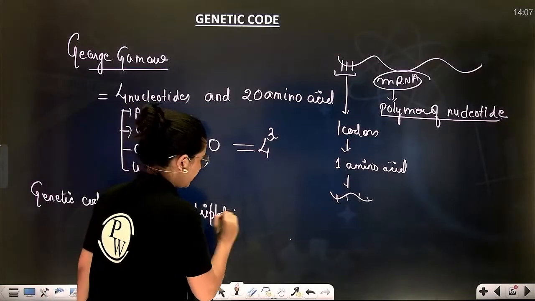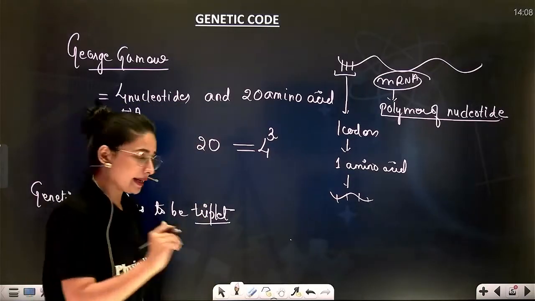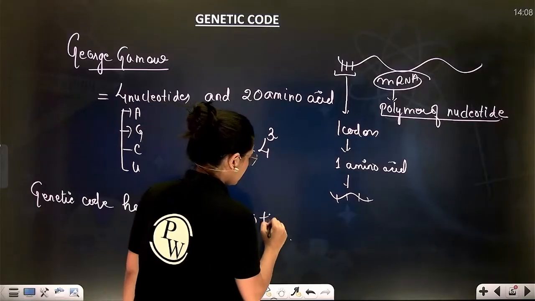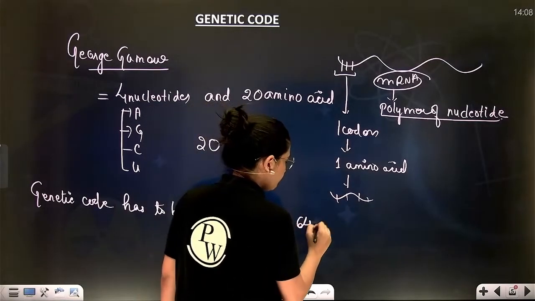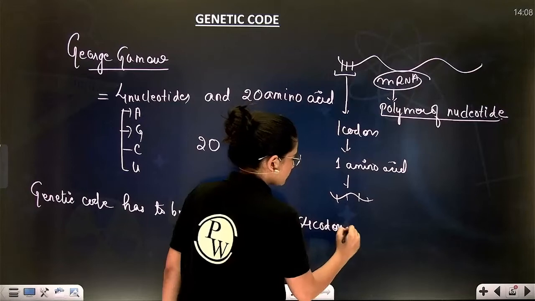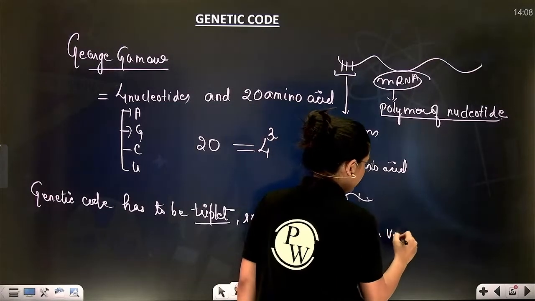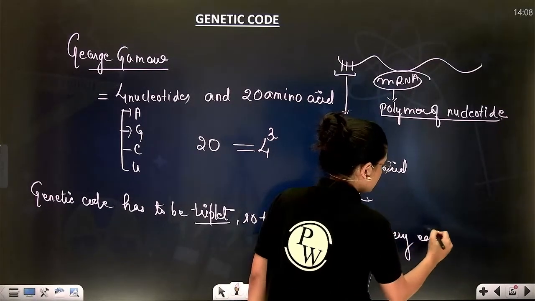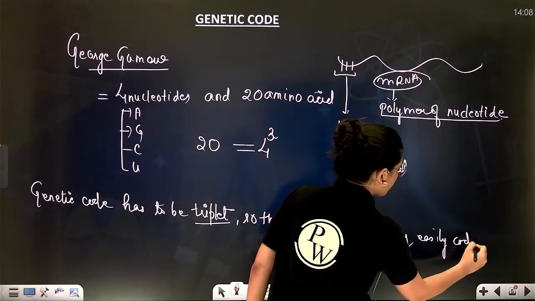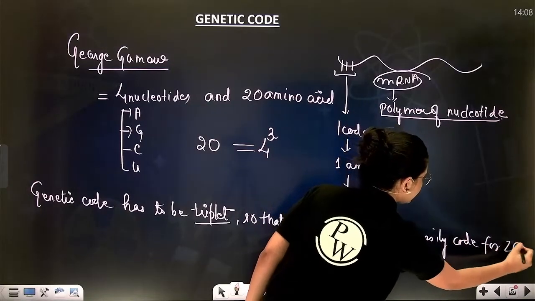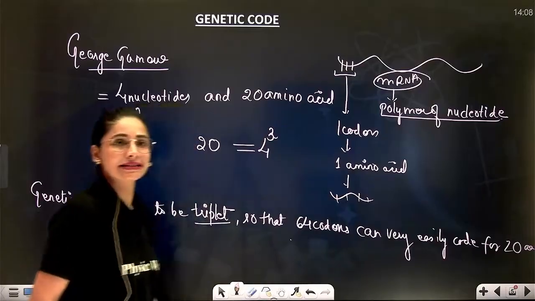Beta, the genetic code has to be triplet so that 64 codons can very easily code for 20 amino acids.